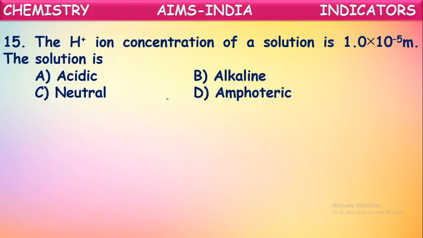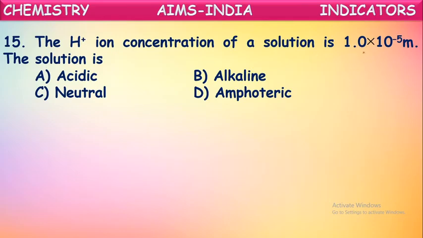The H plus ion concentration of a solution is 1.0 into 10 to the power of minus 5 molar. The concentration of H plus ions is given and we are asked to find out its nature, whether it is acidic or basic. If we know H plus ion concentration, we can find out its pH value. So if we know the pH value, we can say whether it is an acid or base.